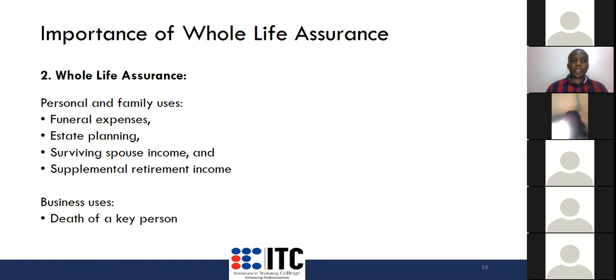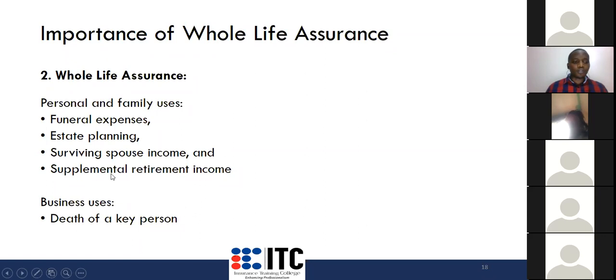Because with whole life assurance, it has a value as opposed to term assurance. So with time, a whole life policy can be surrendered for a certain value, and that value can be used to supplement your retirement income. When you look at business uses, this is really rare, death of a key person.